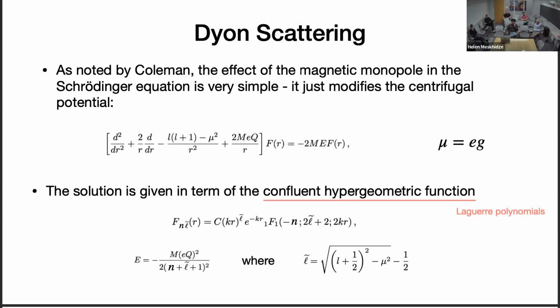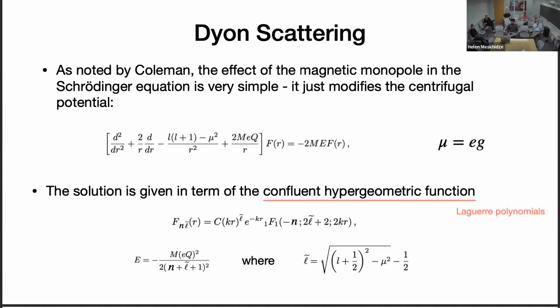So in the same way that the hydrogen atom can be solved, the dyon scattering can be solved as well. I think Coleman noted that this is a central potential, but the coupling to a magnetic charge adds a force which looks like the centrifugal force.